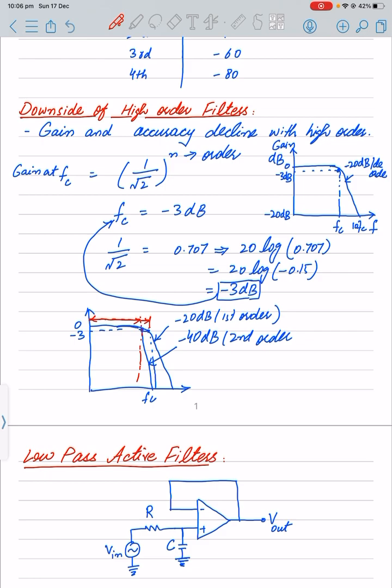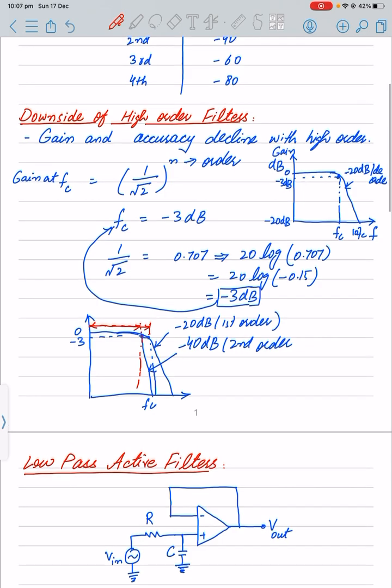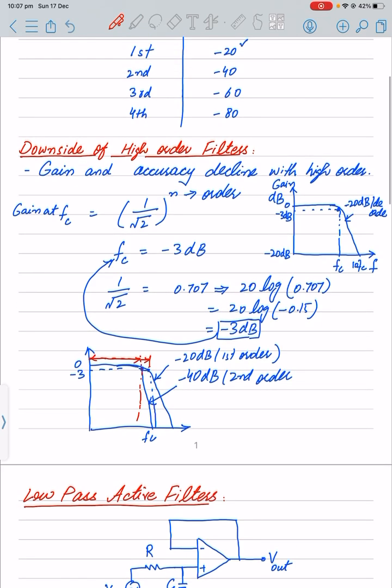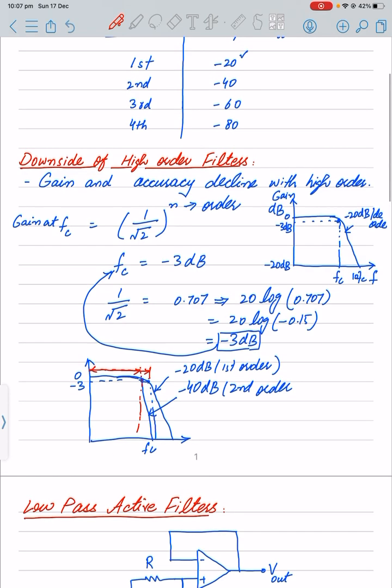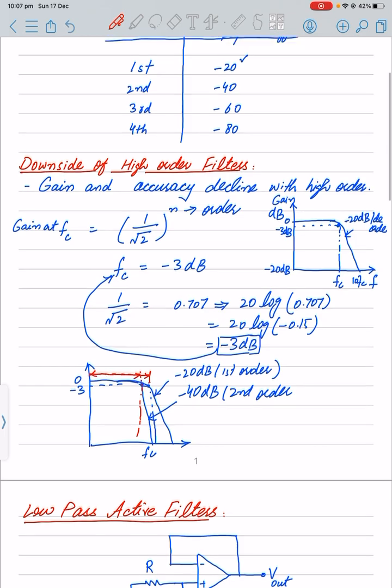In their case, two things are happening. First, their gain is declining when we are increasing the order, and the second thing is that their accuracy is also decreasing, because the pass band that was there in the case of our first order filter is not the same now that we have increased the order of our filter.